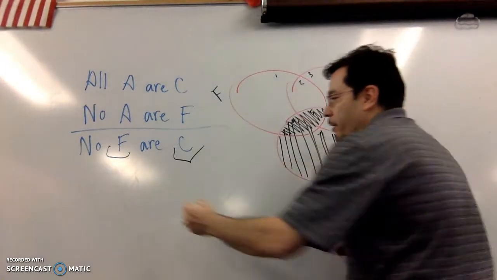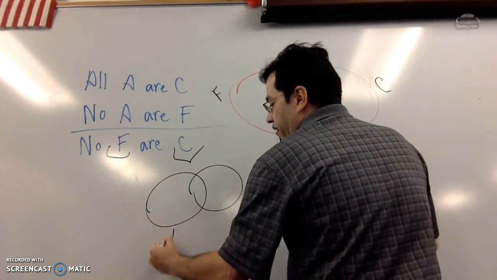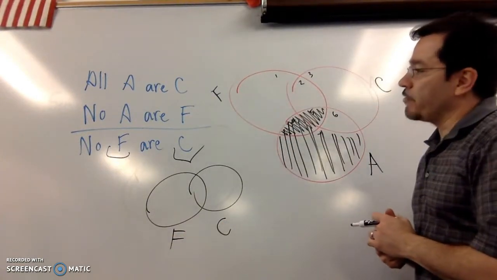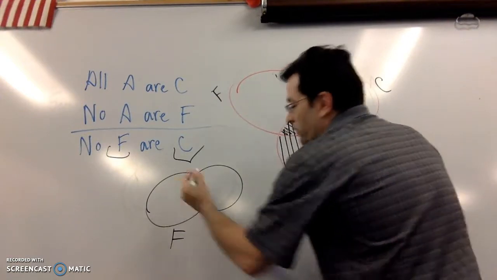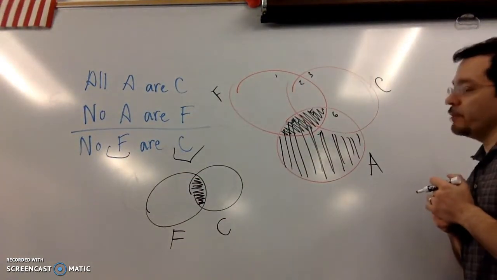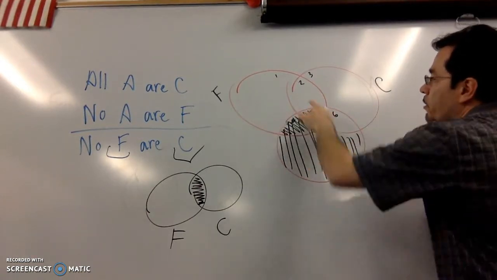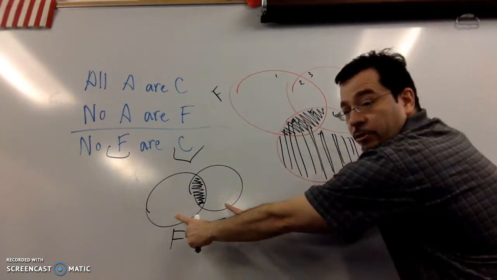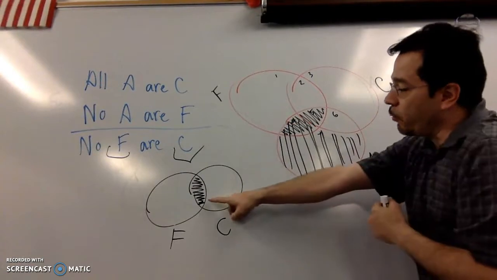And now, here again, we're going to just set up here and see if that conclusion is contained in those premises. It says no F's are C's, which means the overlap between the F and C circle should be shaded entirely. But again, when you look at the conclusion, we don't have that. And again, remember, we want to make sure this is represented here, and that's not what we have.